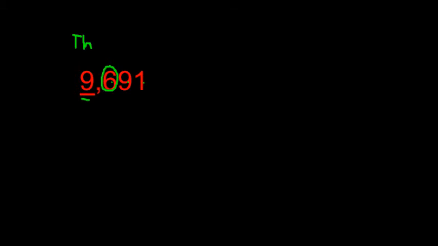And we are going to compare number 6 with 1, 2, 3, or 4. If the number in the circle is 1, 2, 3, or 4, the underlined number stays the same. But this time, number 6 is not in this list.